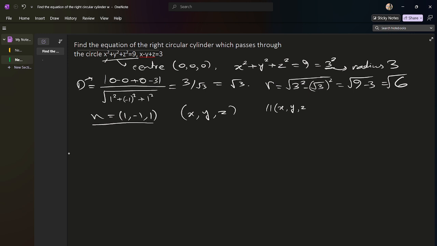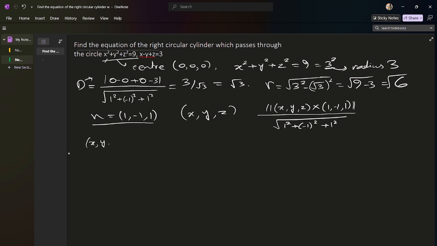We can find it by this form. This is a cross product. Now we have to calculate the cross product first.